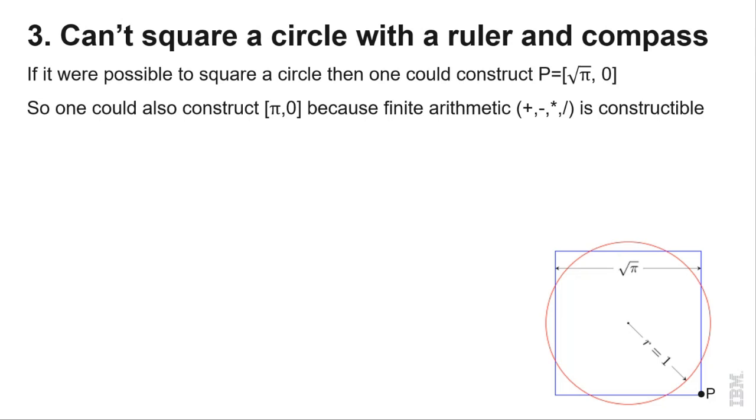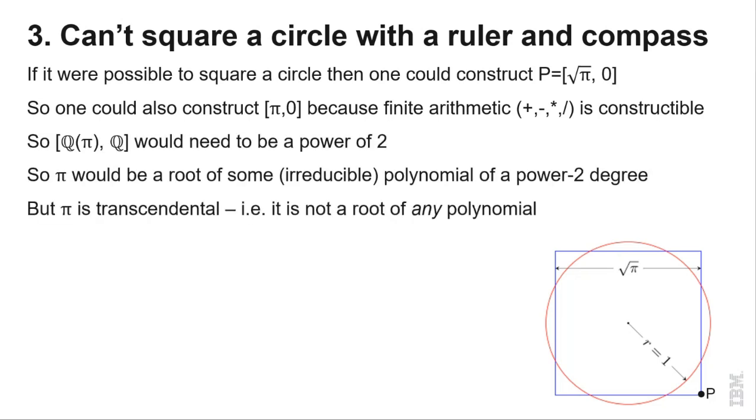And if that is the case, we can also construct a point which has the coordinate pi, because if you remember, I told you that you can do any arithmetic that you like, add, subtract, multiply, and divide, just using constructible points. So if you have the square root of pi, you can just multiply it with itself and get pi. And the thing is that you cannot construct pi.